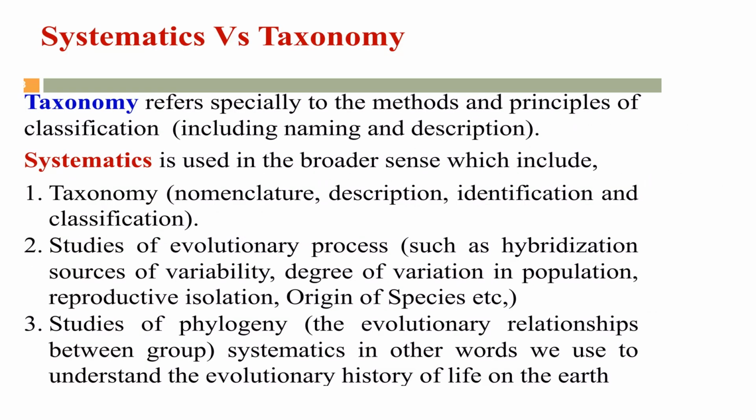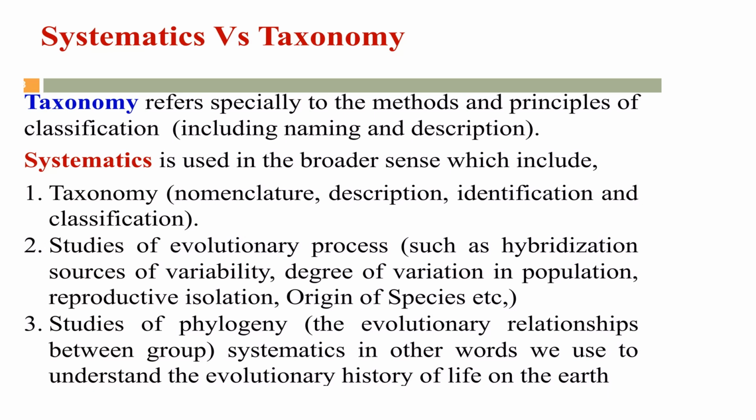So first one, taxonomy specially refers to the methods and principles of classification that includes naming and description. Whereas systematics is used in the broader sense, which also includes taxonomy, dealing with nomenclature, description, identification and classification.